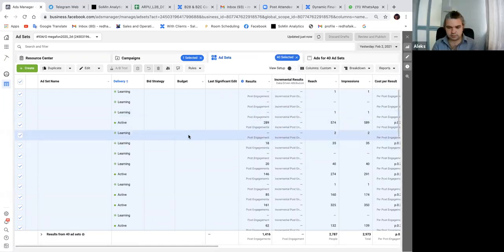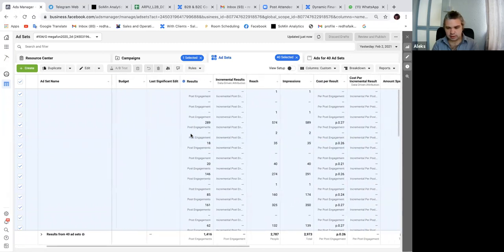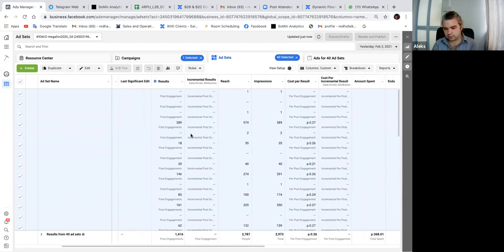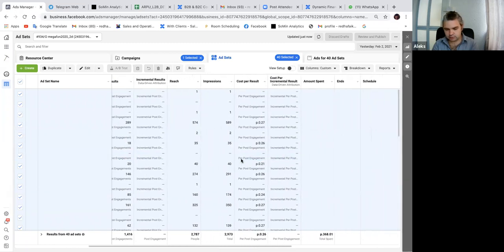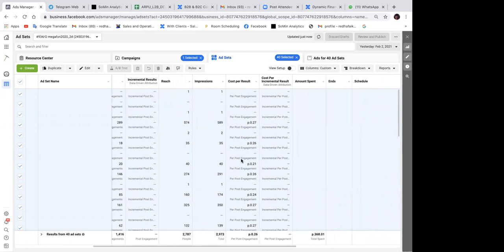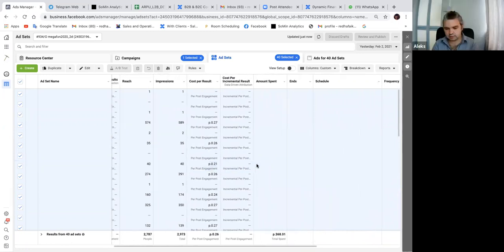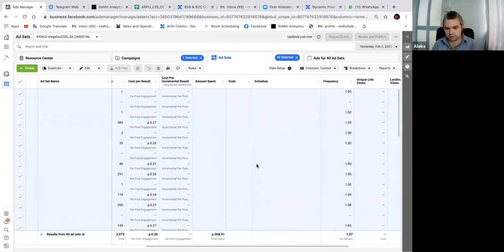And you can see the results. Yesterday your campaign spent 368 rubles, at 26 Russian ruble cents per engagement.